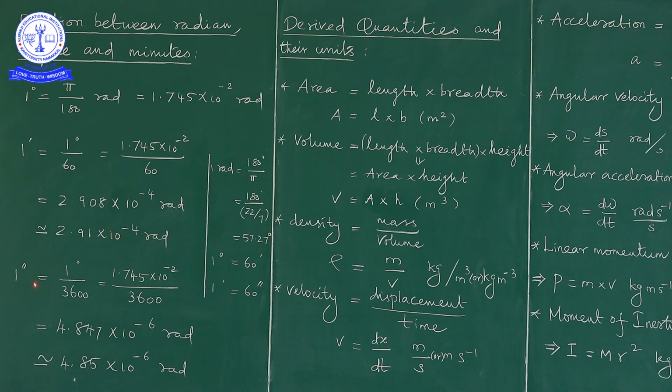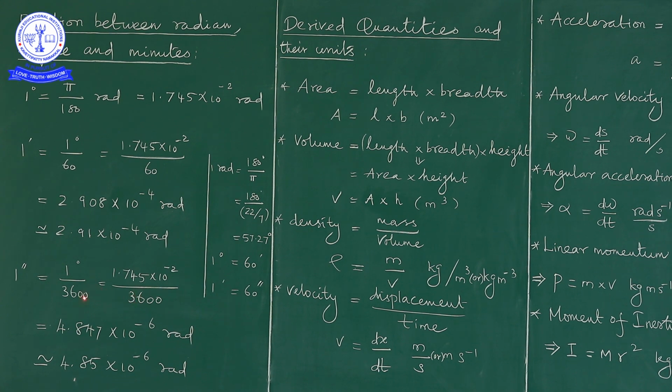Next we have to move to the conversion of second into radian. Second into radian means we know the value 1 degree by 3600. How does this 3600 come? So 1 degree is equal to 3600 seconds. In the clock, 1 hour is equal to 3600 seconds.